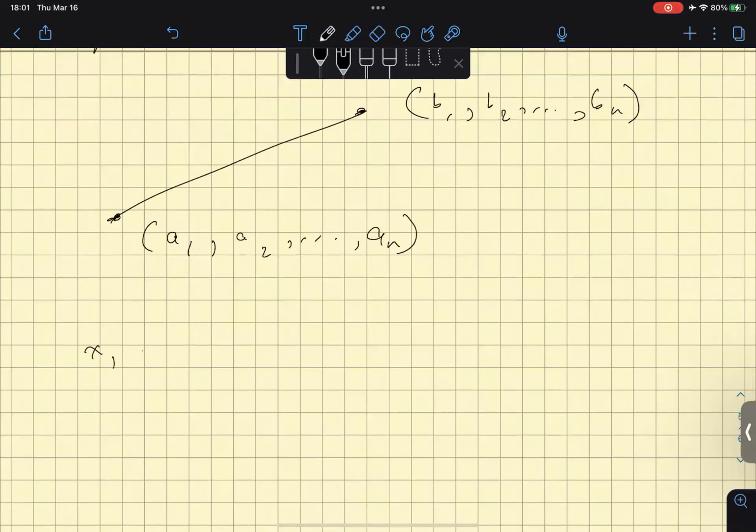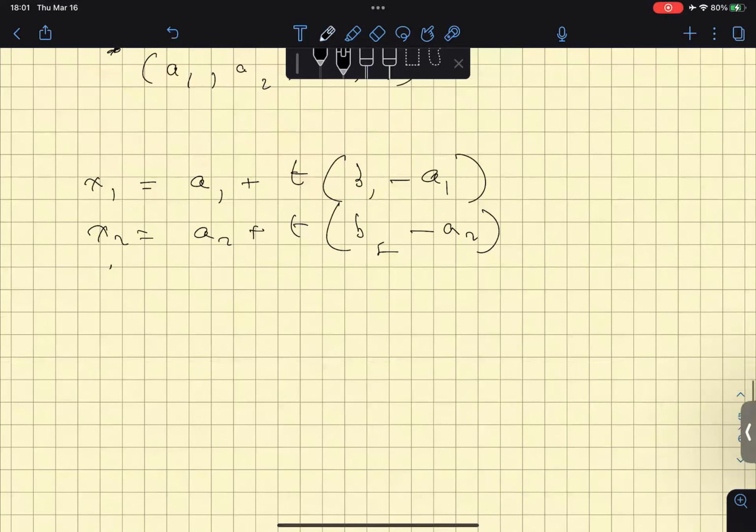So you have x1 is equal to A1 plus t times B1 minus A1. x2 is equal to a2 plus t times b2 minus a2. xn is equal to an plus t times bn minus an.